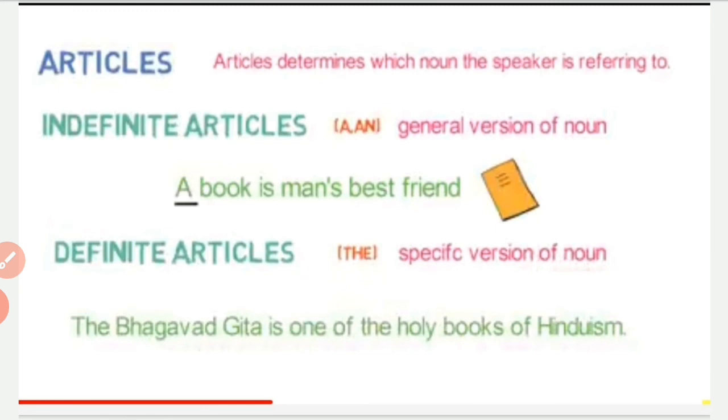Now, what do these mean? A and an are indefinite articles, whereas the is a specific version and it is the definite article. For example, if we take a book is man's best friend, here a is an indefinite article.